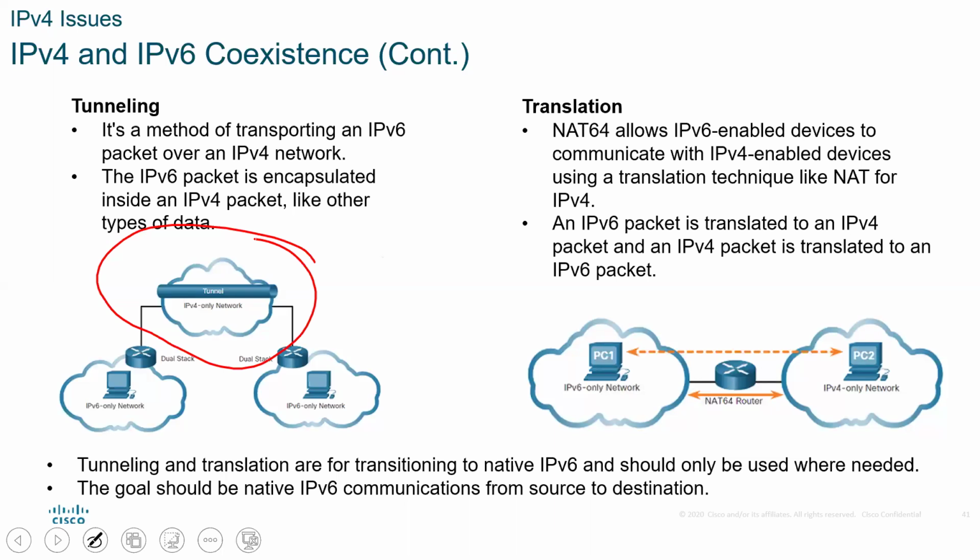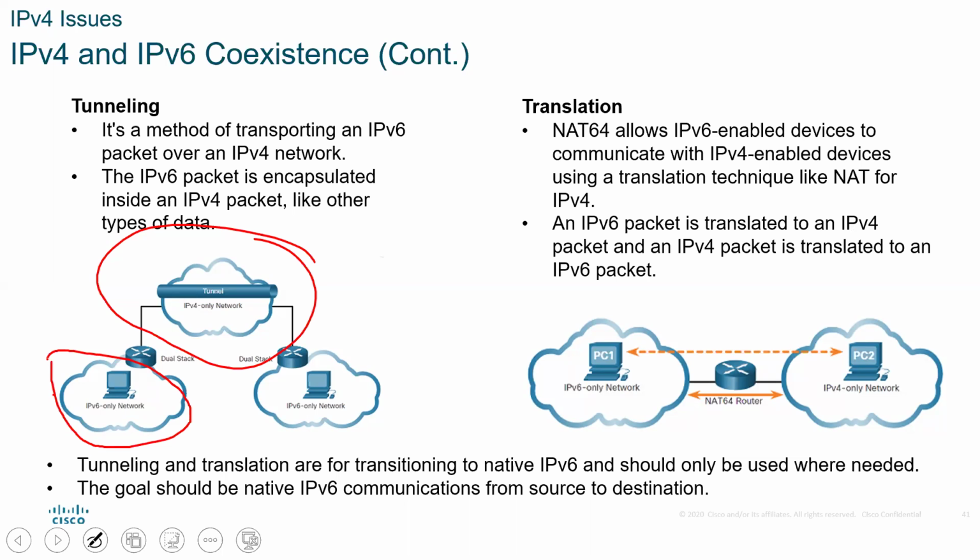So you could say maybe internally you have IPv6, but your ISP is running IPv4. So what do you do? You do tunneling.